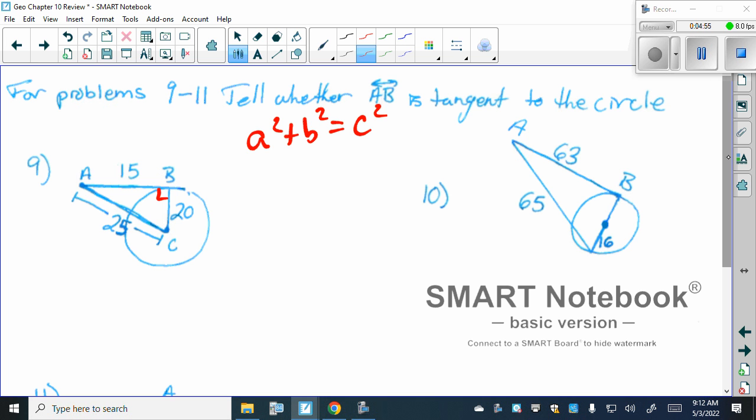So the hypotenuse is this length here, yes? So is it a multiple of 5? Because 5 divided by 25 is? 20 divided by 5 is? And 15 divided by. So this one is, yes, this is tangent. AB is tangent.